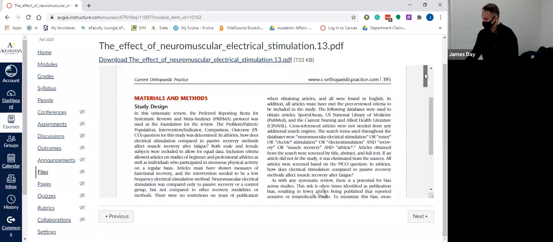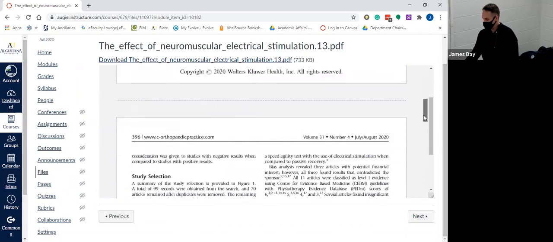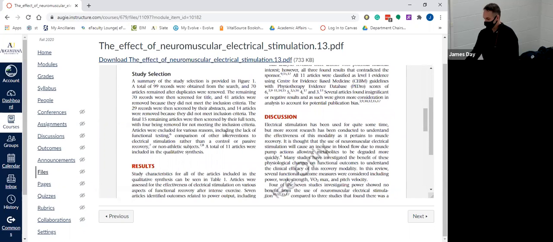This author got a little repetitive with this and just kept saying that they did not meet the inclusion or exclusion criteria. You can go that route, or you could be a little bit more specific and describe some general reasons that articles were excluded at that point in time.